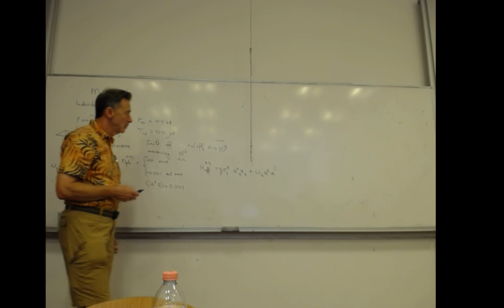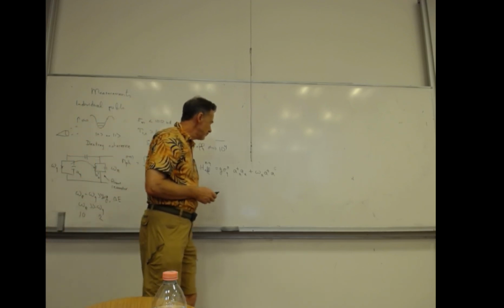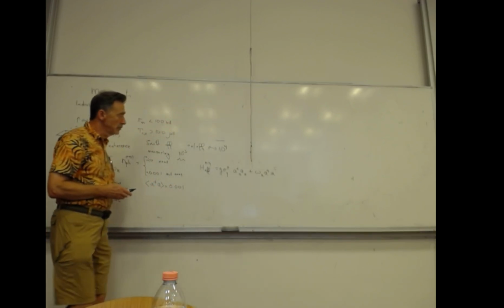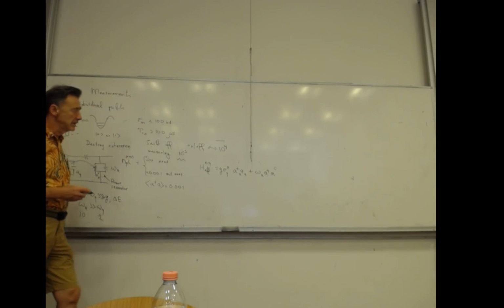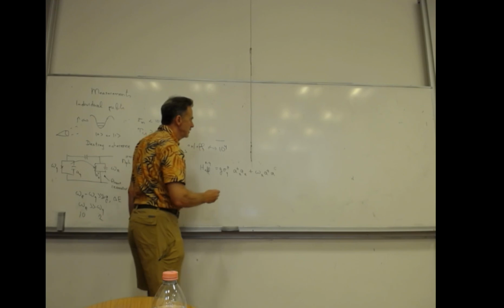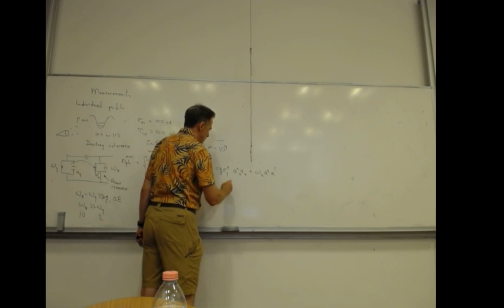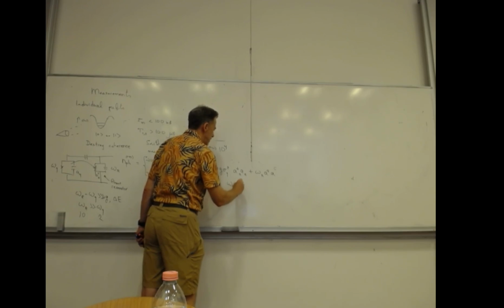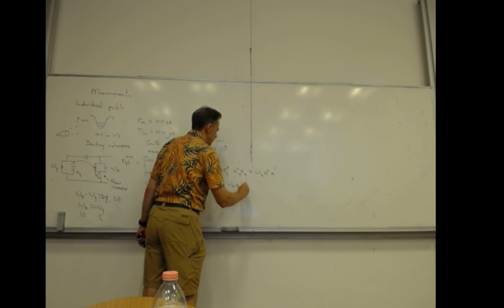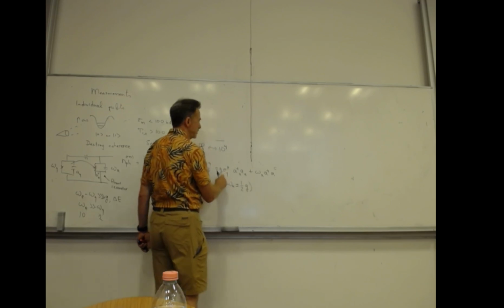So now you understand the idea of measurement: we expect that the resonator frequency is shifted by plus or minus one half G, depending on the state of the qubit, because of this term.